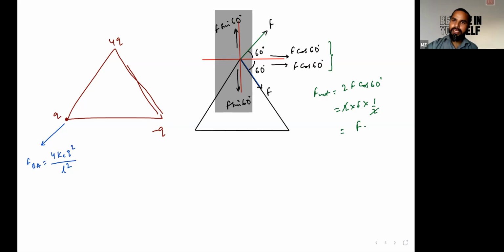Similarly, due to this particular negative charge, these two charges will attract each other, so it will be along this direction. Force on B due to C will be KQ square by L square. Since the magnitudes of these two forces are not equal, if we take this particular term to be F, this term will become 4F.